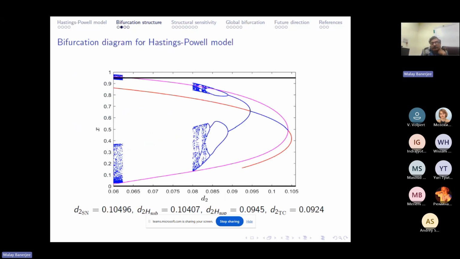I am not going to show you the detailed, boring mathematical calculations. Rather, I will try to explain the different types of bifurcation that take place, which can be explained through this bifurcation diagram. This bifurcation diagram is plotted with respect to the parameter D2, keeping all other parameters fixed as I have shown earlier.